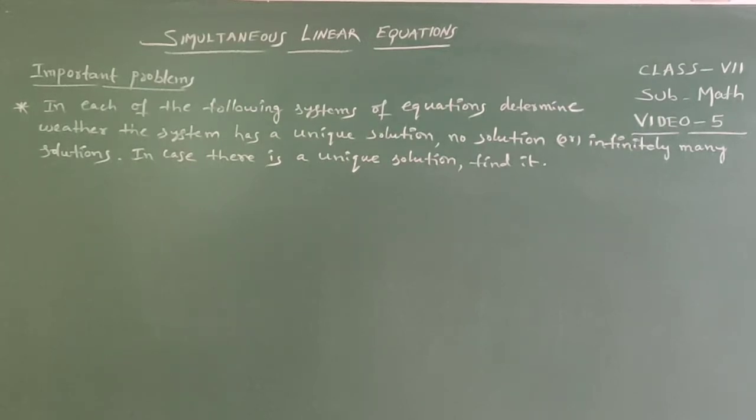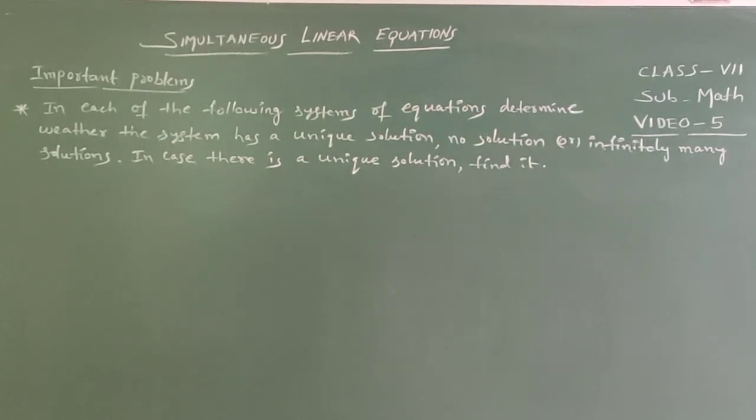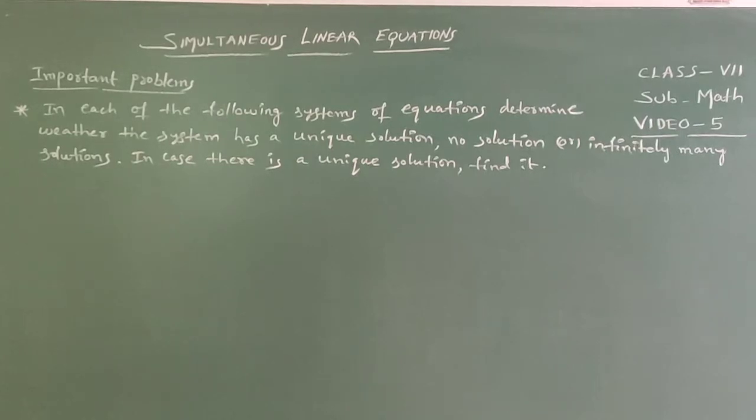In the previous videos we have learned how to solve the given system of simultaneous linear equations if it has a unique solution. In this video we have to learn some important problems.